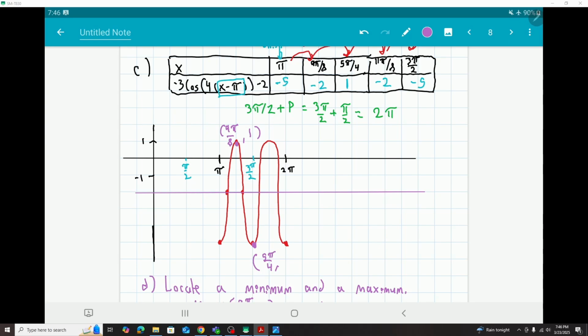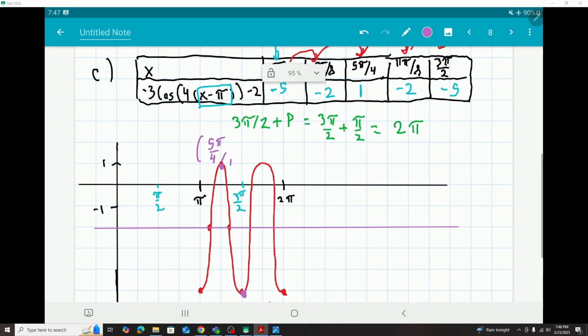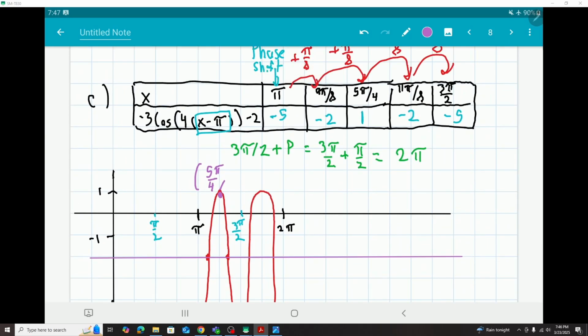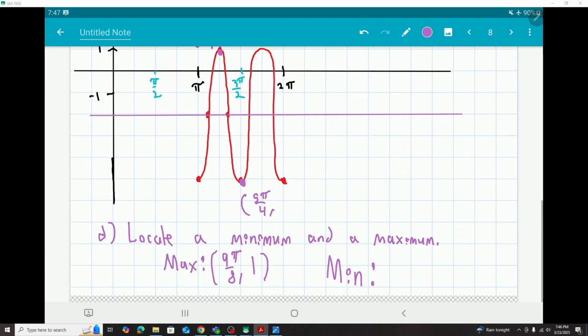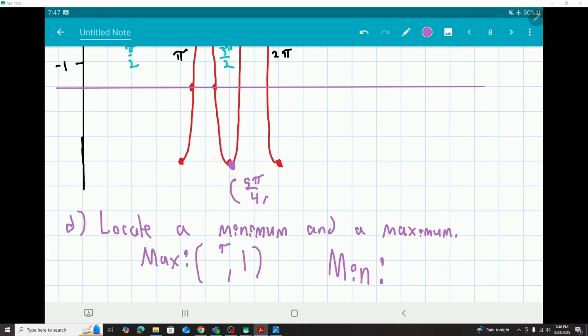All right. This was 5 pi over 4. I didn't read the table right. Sorry. Normally I would restart the video, but I'm way too far in to do that now, and this is already late enough. Sorry. So this was 5 pi over 4.